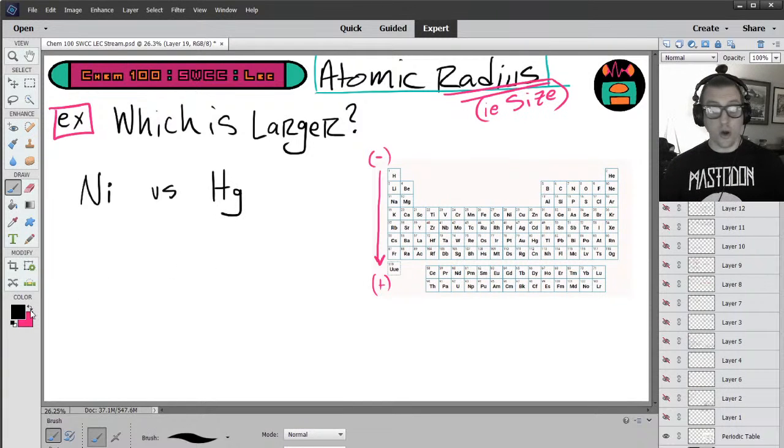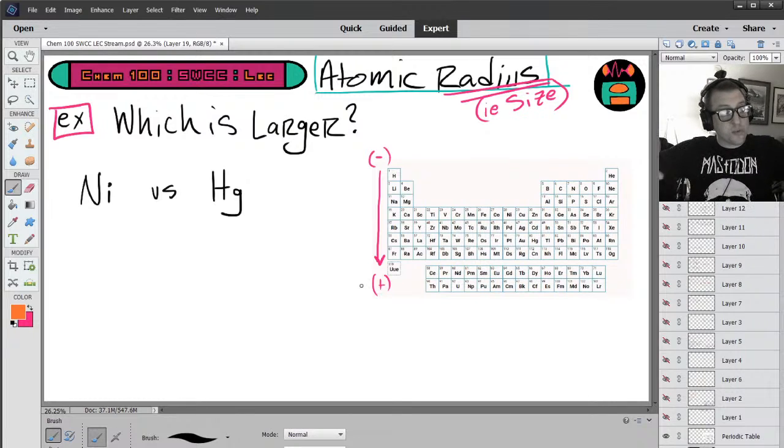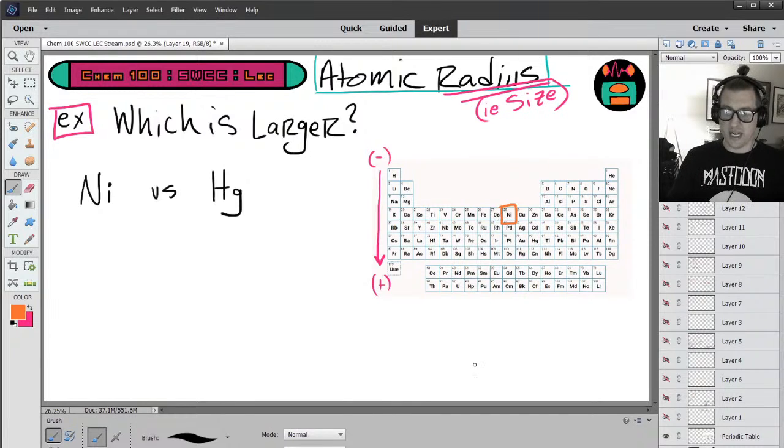What you have to do is find these two elements on the periodic table and determine which one is lower down, because the one that's on the lower period, the one that has the higher energy shell, has electrons furthest from the nucleus. It's going to be larger. So nickel is located here. Mercury is located here. Mercury is larger because it's lower down.